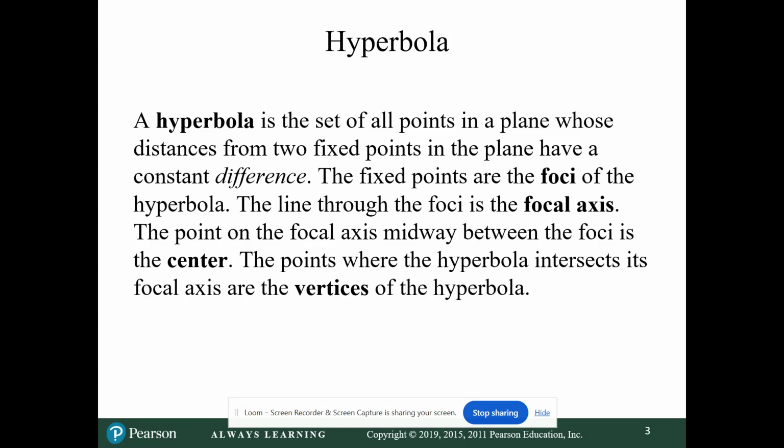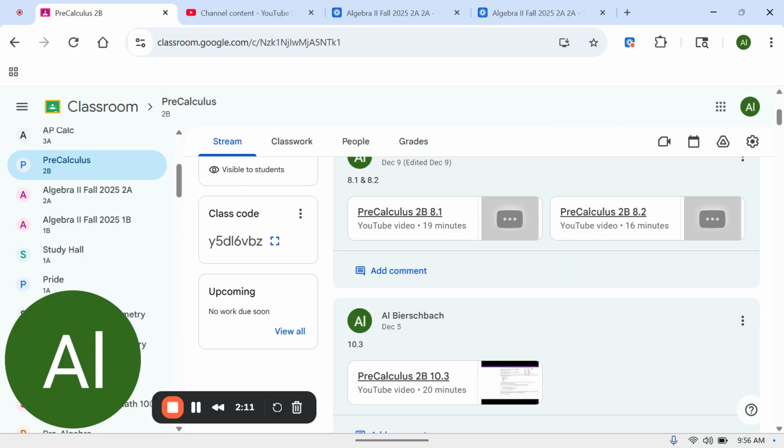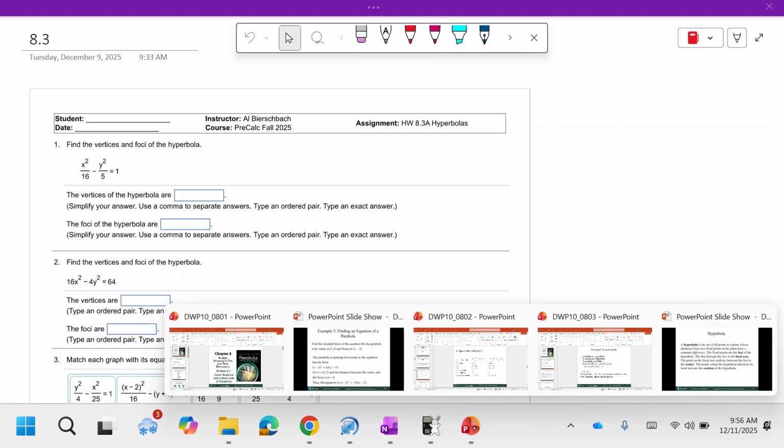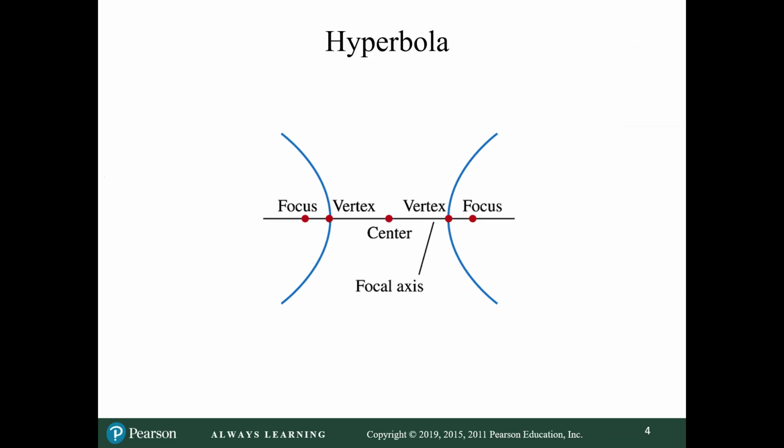So we have foci, a focal axis, a minor axis, a major axis. It's a double parabola. A hyperbola is basically a double parabola that goes around a focus, just like parabolas went around a focus.